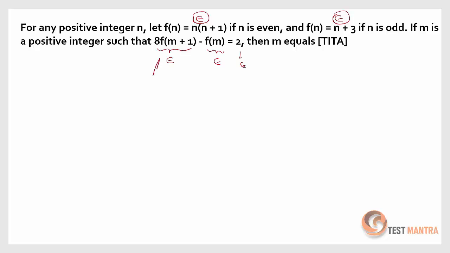If we check this value, it's 8 into f(m plus 1), and the second one, if m is equal to 2. There are two possibilities. Either this part is a case where I'm multiplying two values. That means I have to consider this as a multiple of two values, right?